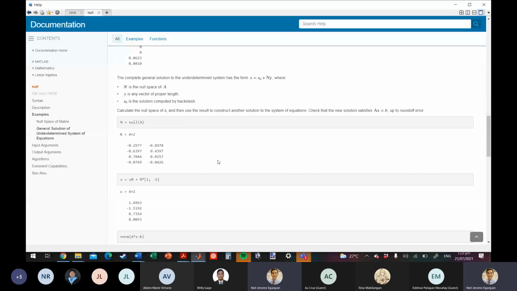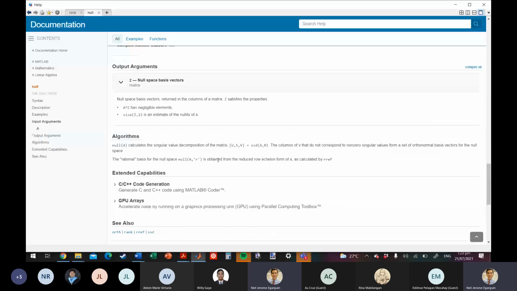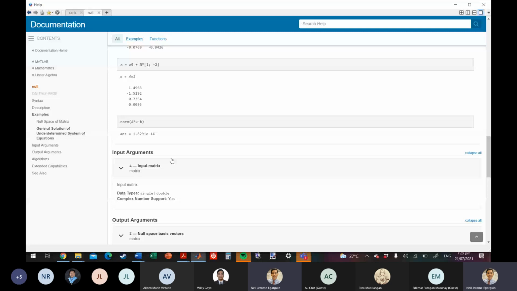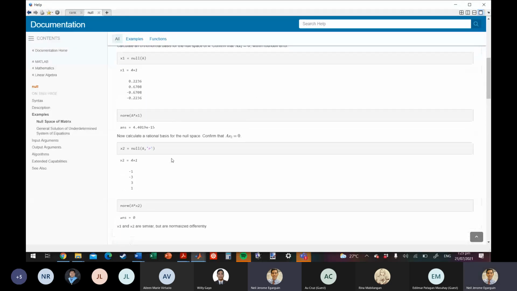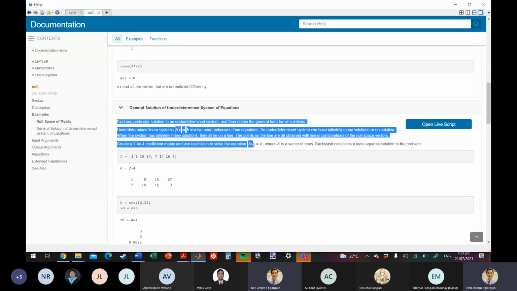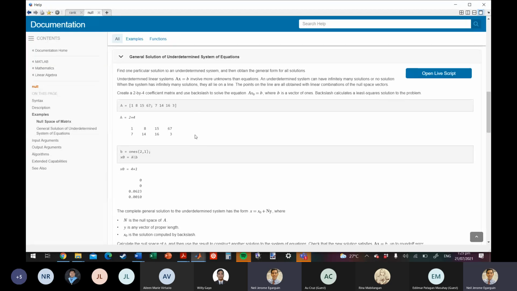And then I think MATLAB here has some additional information, okay, about this. Couple of examples. And then it also includes some application examples. What do we need the null space for? So nakalagay din dyan yung mga examples. You can copy paste this into your MATLAB shell or open it as a live script para makita nyo how it works.